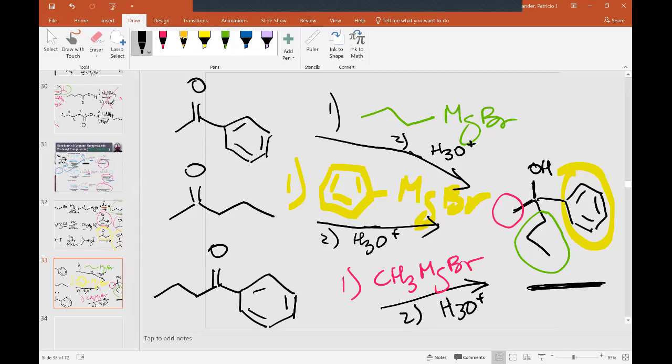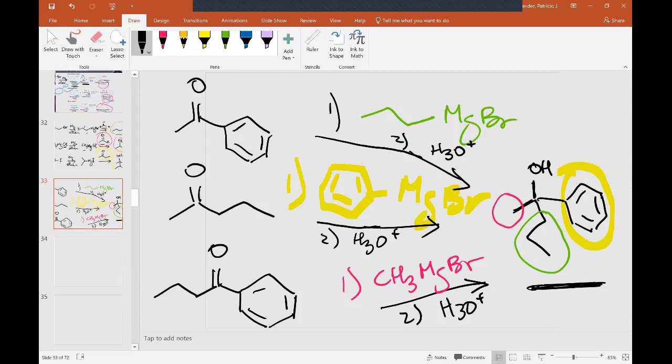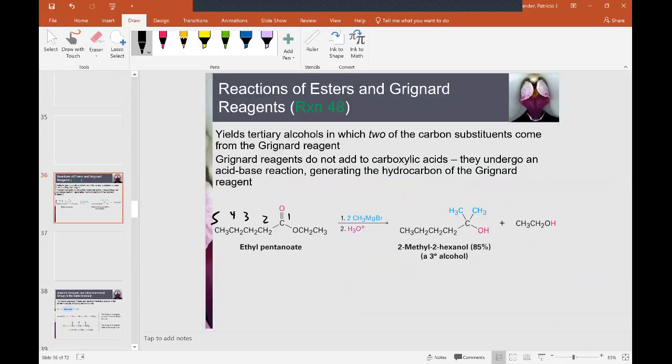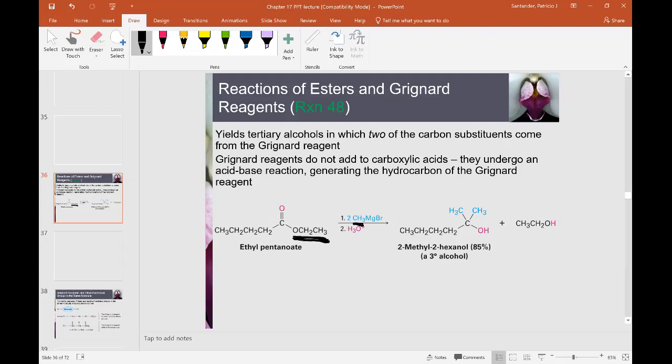Okay, so let's see what we have ahead here. What we have ahead is the reaction with esters. When you have an ester, this is something special because it turned out that the alkoxide group that we have here is a relatively good leaving group. And so that means when you have the first attack of the Grignard, you form the alkoxide, and then you have the possibility that you can have regeneration of the carbonyl group with departure of the alkoxide.